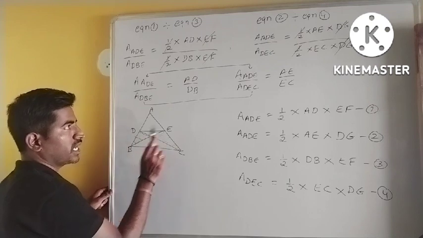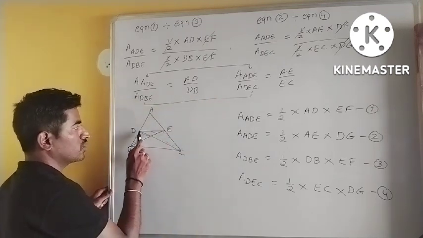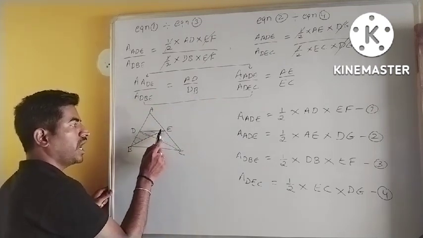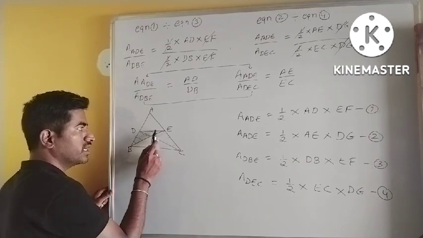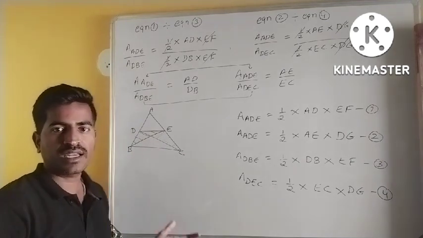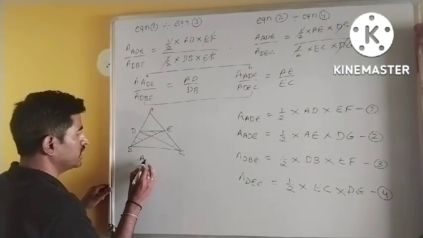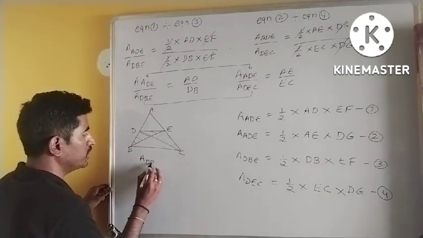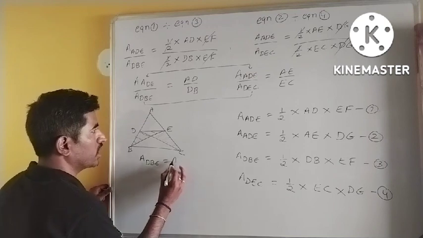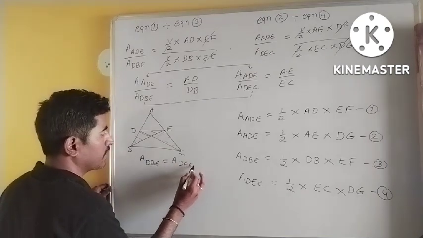Both these triangles lie on the same base DE and between the two parallel lines DE and BC, so their areas are equal. Hence area of triangle DBE is equal to area of triangle DEC.